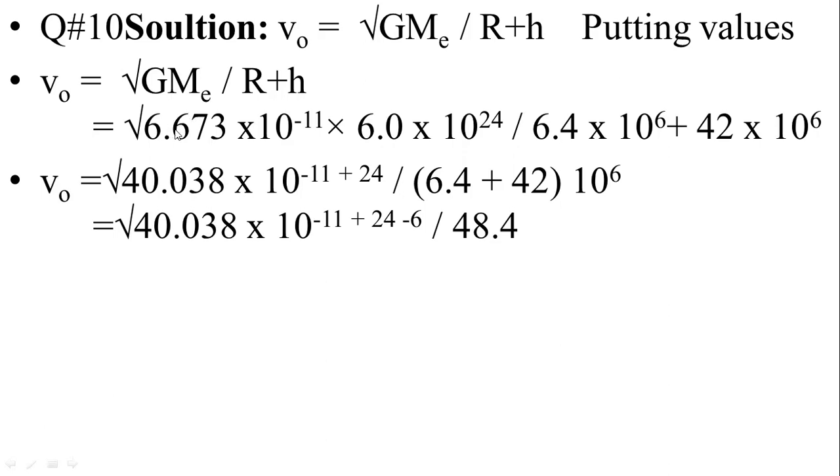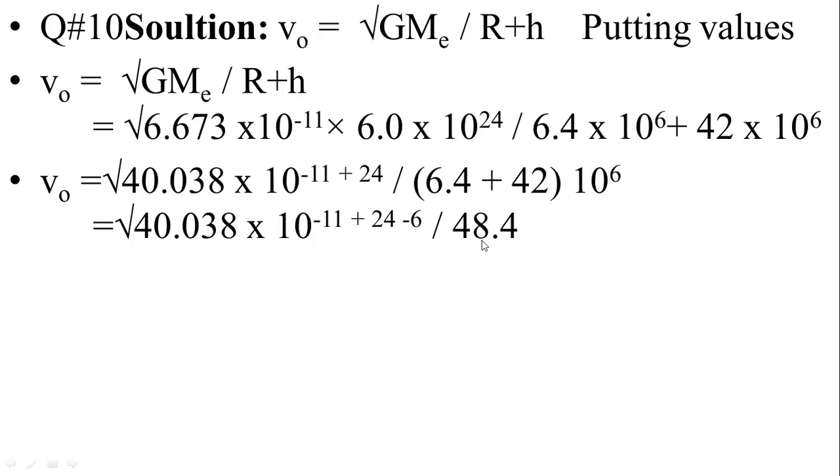Calculate the value: 6.673 multiplied by 6 is equal to 40.038 multiplied by 10 raised to power minus 11 plus 24. Taking common 10 raised to power 6 in both values, now 6.4 plus 42 into 10 raised to power minus 6, and adding both values gives 48.4.